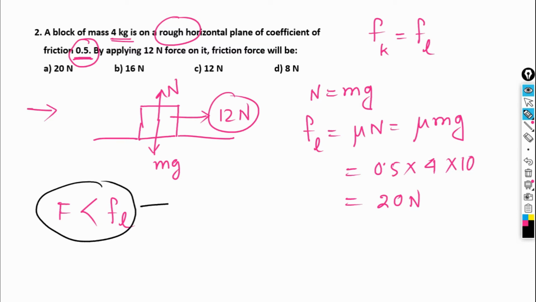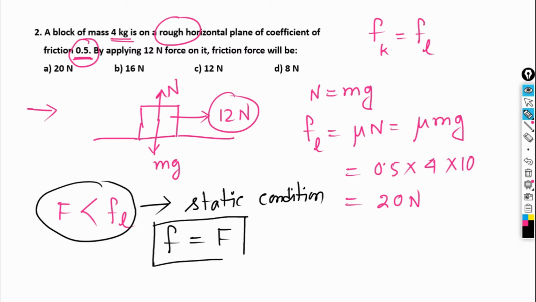Applied force is less than limiting friction means this is a static condition, right? In static condition, what is the frictional force? In static condition, frictional force equals applied force.